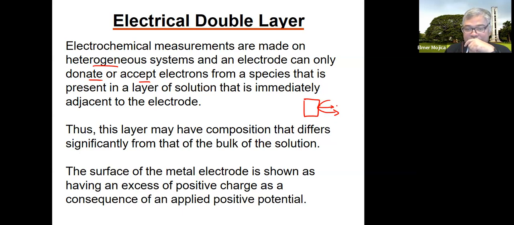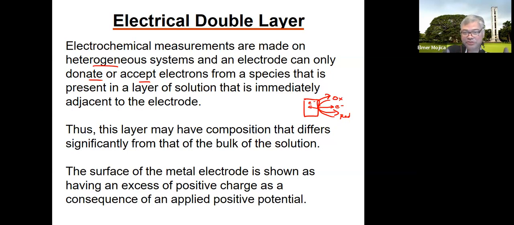And usually you can do it as oxidation and then reduction. So oxidation is the loss of the electron. If it's the other way around, the electron will go to the electrode surface. So we could say this layer may have a composition that differs significantly from that of the bulk of the solution.